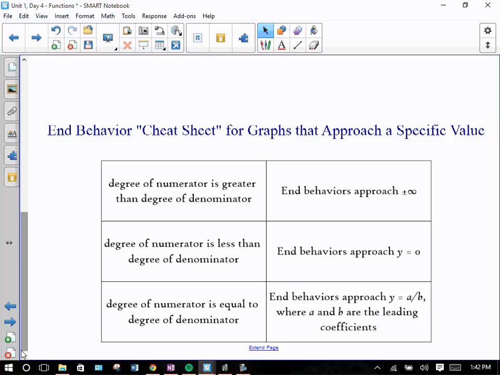If the degree of the numerator is greater than the degree of the denominator, the end behaviors approach positive or negative infinity. If the degree of the numerator is less than the degree of the denominator, the end behaviors approach y equals 0.